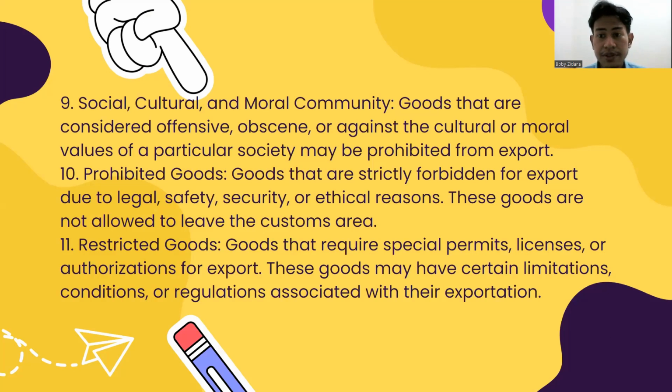These goods are not allowed to leave the customs area. And the 11, restricted goods. It is goods that require special permits, license, or authorization for export, and these goods may have certain limitation, condition, or regulation associated with their exportation.